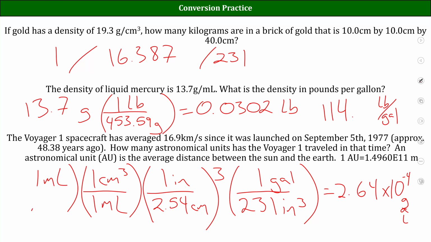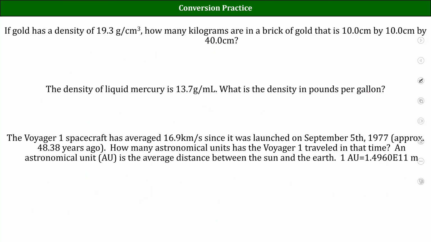All right, let's do the tricky one. It's not that bad. You've got a speed, it's just in weird units. Still just a speed, right? It's not even really that weird units, it's just really, really large numbers. 16.9 kilometers per second is as fast as it sounds.